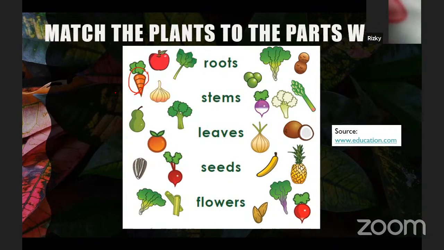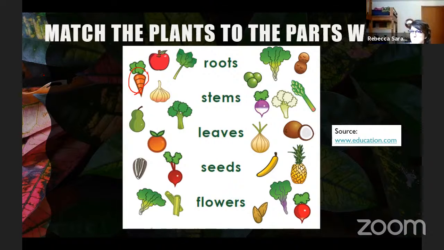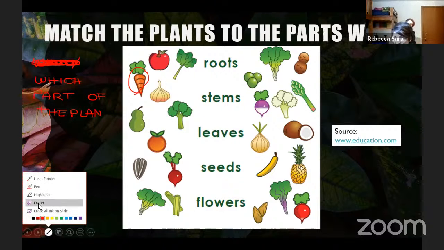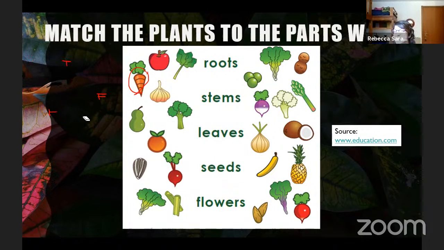Can you repeat that? Of course. Wait, let me just write it down for you. Okay, so an example of a question could be what, or actually no, it's better to say which, actually, in this case. Which part of the plant, or okay, wait, I'll make it even simpler. Just give me a second, sorry. Just a moment.